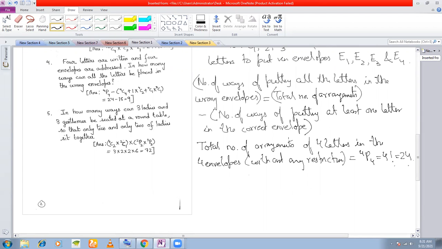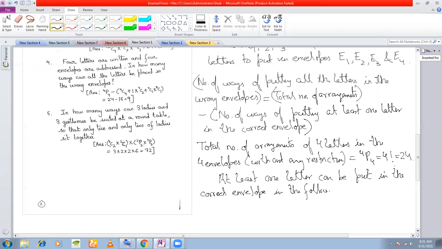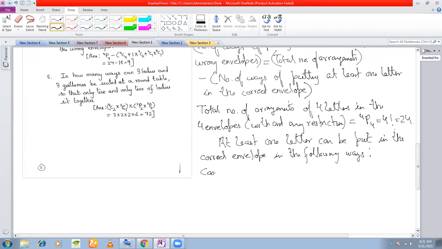Now we shall proceed to find the number of ways of putting at least one letter in the correct envelope. At least one letter can be put in the correct envelope in the following ways. Case one, all four letters put in the correct envelope.